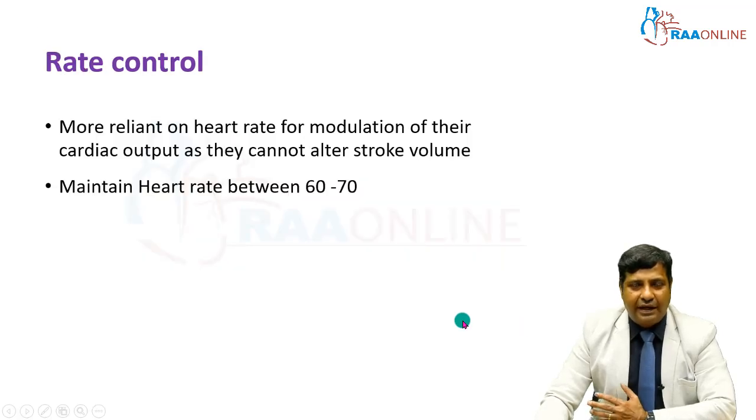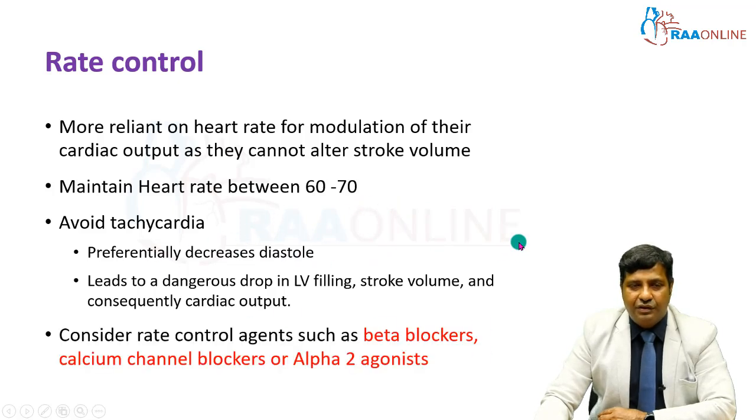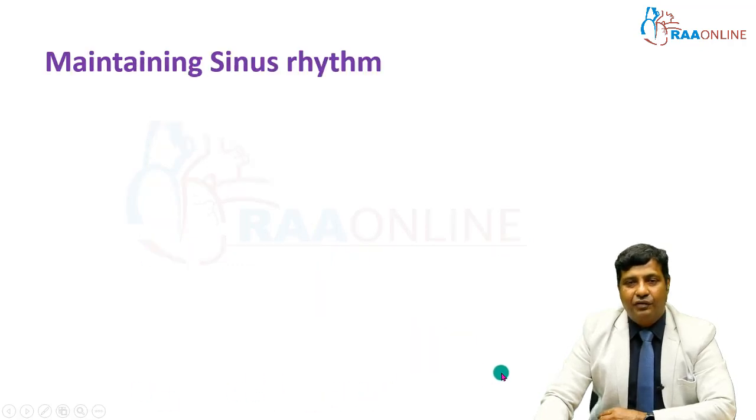So to start with, rate control is the single most important strategy you need to have. Always maintain the heart rate between 60 and 70, because during tachycardia, as I already told you, the diastolic period is reduced. So consider rate control agents such as beta blockers, calcium channel blockers, or alpha 2 agonists like dexmedetomidine.